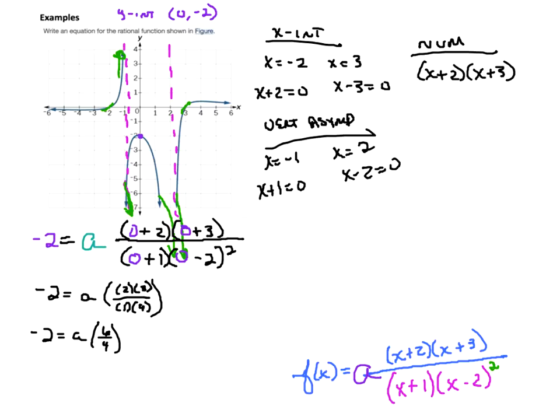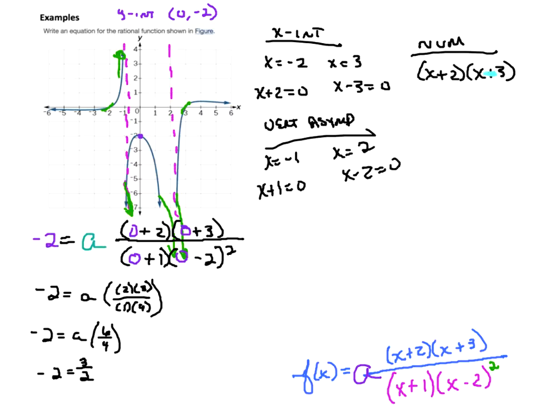Yeah, 6 over 4. So -2 equals 3/2. What did I get negative? Oh, I'm sorry.